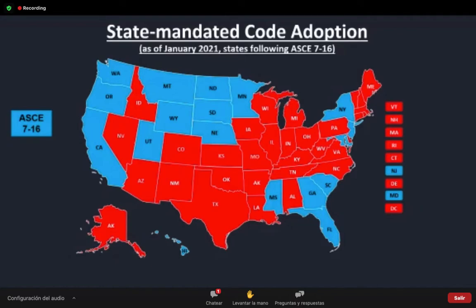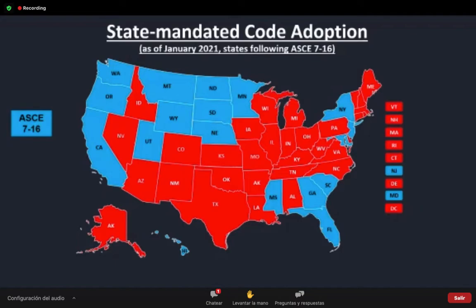Now, with that said, though, with code, there are those states that have adopted it at the state level, but then there are some states, like the state where Chino and Wally are right now, that don't actually have a state code when it comes to commercial. So all of their counties or cities, the local municipalities, are the ones that are adopting things on an individual basis.